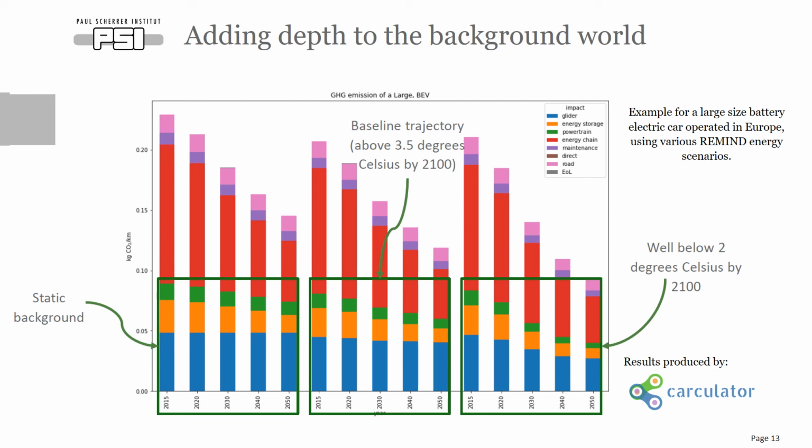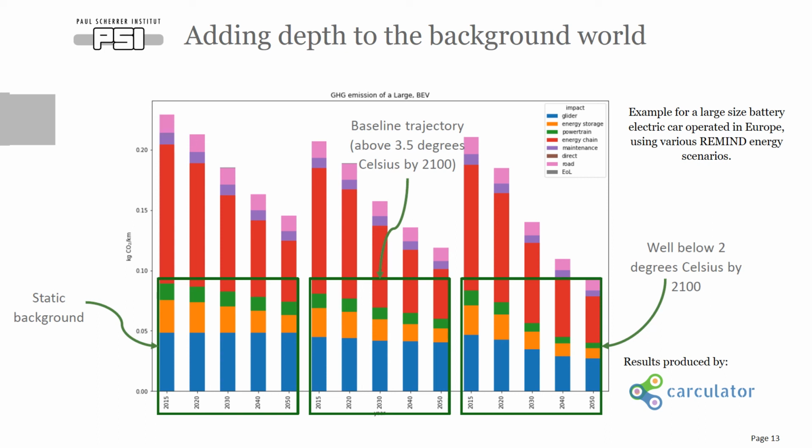Of course, we see that the battery electric vehicle reduces emissions over the years, and that is mostly due to our projection in the foreground model, where we project increases in engine efficiency, in energy density of batteries, and so on. You will see that the blue, yellow, and green segments, which are concerned with the emissions associated with building the car and building the batteries, remain quite static.